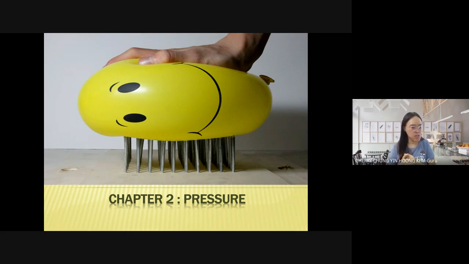OK，so 我们就回来 Archimedes principle. Archimedes principle basically is about buoyant force.